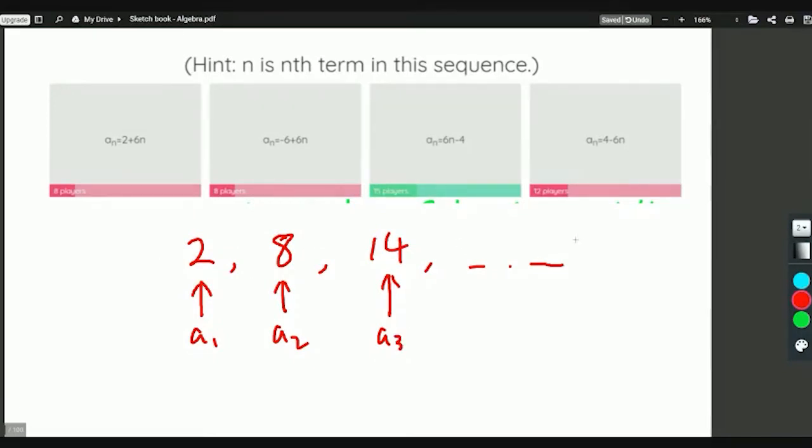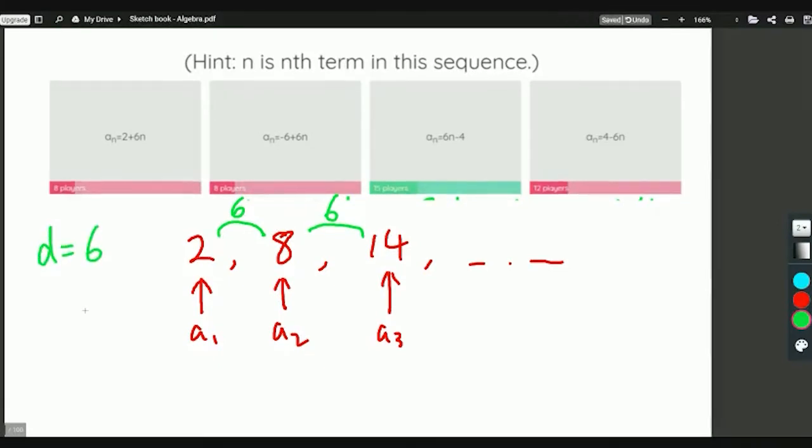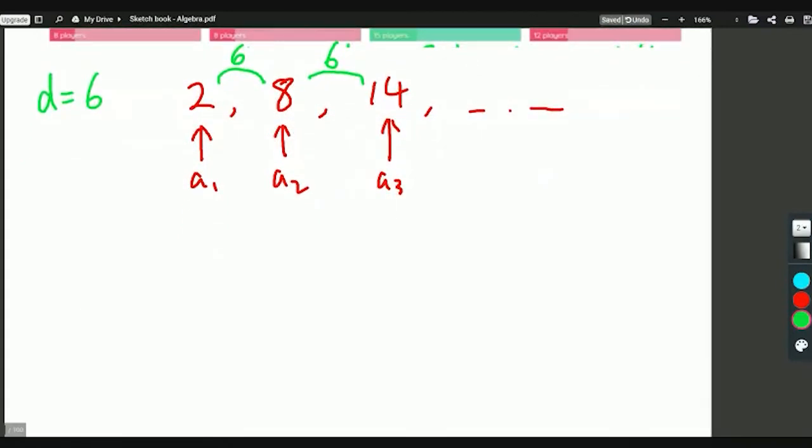And what is our common difference? Here, the difference is 6. So our common difference is 6, right? And now let's write down: our A1 is 2. Our A2 I'm going to write in the form of 2 plus 6.